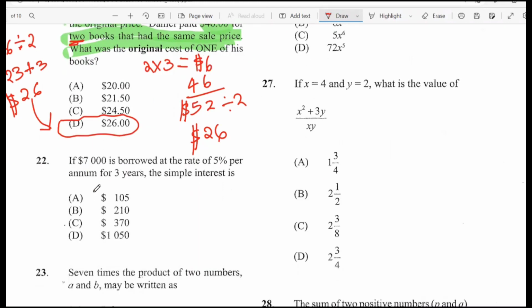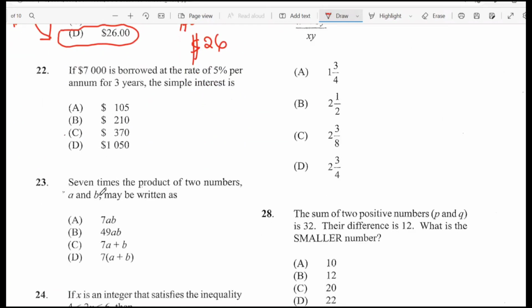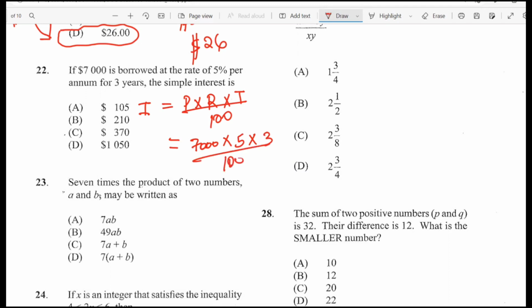Question 22. If $7,000 is borrowed at a rate of 5% per annum for 3 years, the simple interest is what? So there are a number of ways you could work this. Let us just look at simple interest can be easily calculated by putting the principal times the rate times the time over 100. So if we remember this, definitely 7,000 times the rate, which is 5, times the time, which is 3 years, divide this by 100.